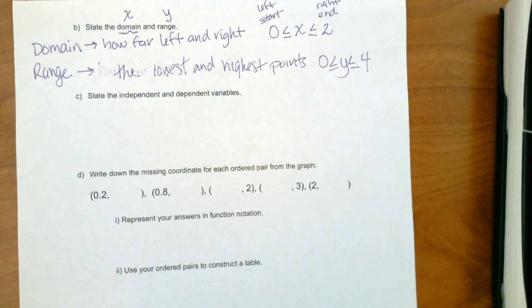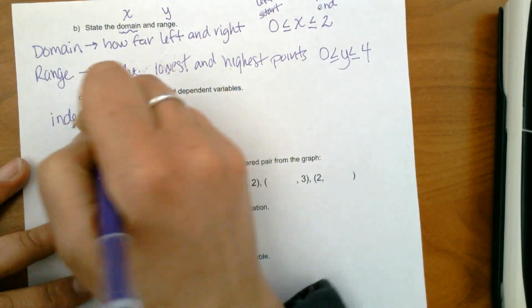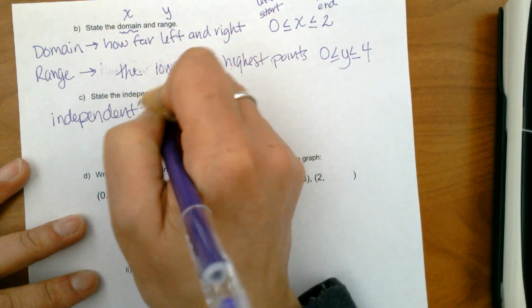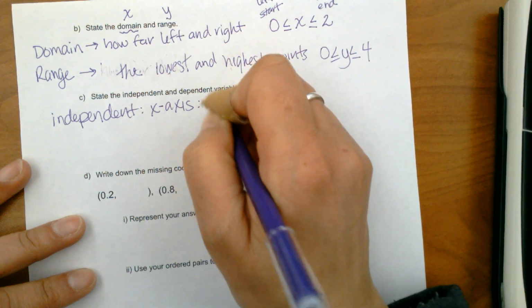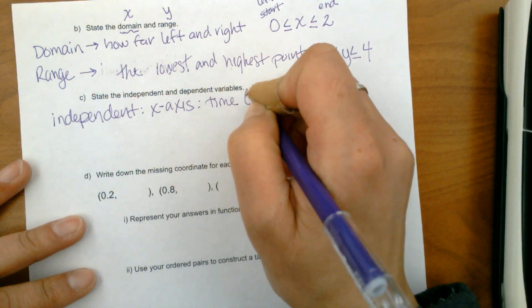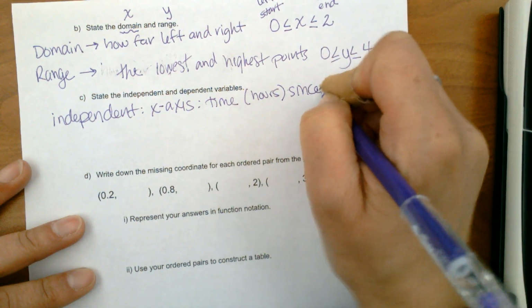State the independent and dependent variables. Independent is your x variable. So you look on your x-axis, and that's time in hours since application started.